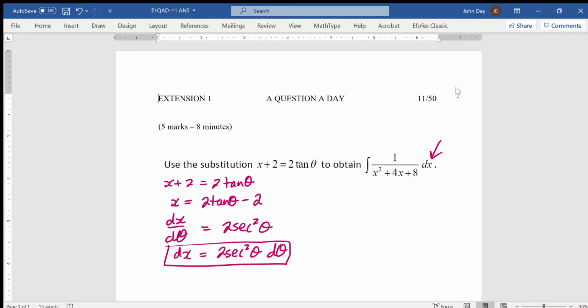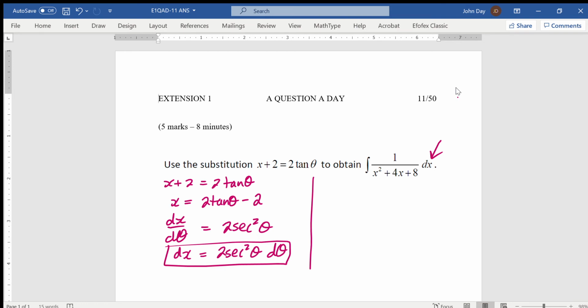Now, the x plus 2, how are we going to use that? Well, experience tells me to complete the square here in order to replace the x plus 2. So I'm going to do that. And if you haven't had that experience yet, well, here it is now. You want to complete the square.